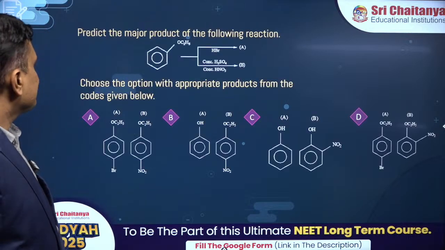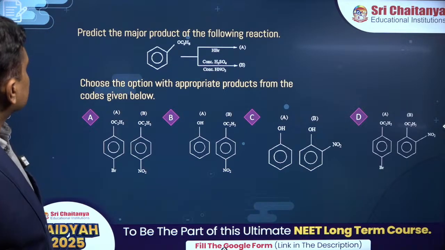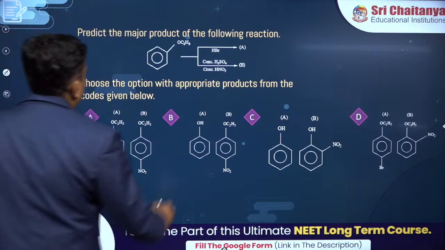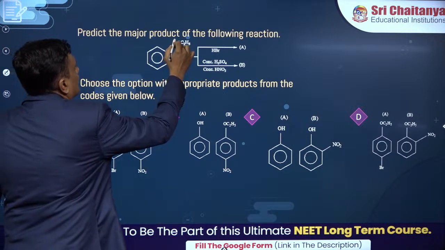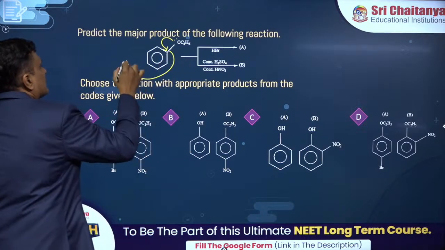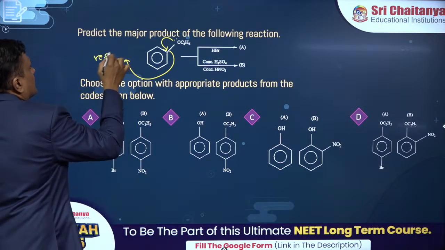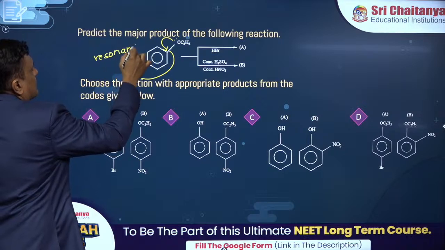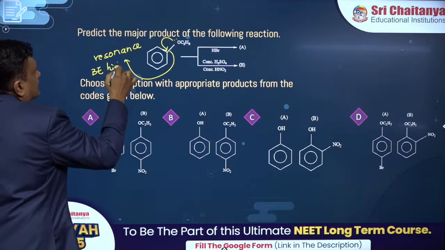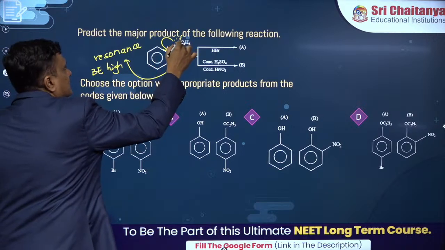Yes, that's good. Predict the major product of the following reaction. We have been repeatedly discussing that it's not so easy to break the bond of the oxygen and benzene because of the resonance. So this has the resonance, so bond energy is high. Remember this. If the bond energy is high, you can't break it. So it's better you break this bond.